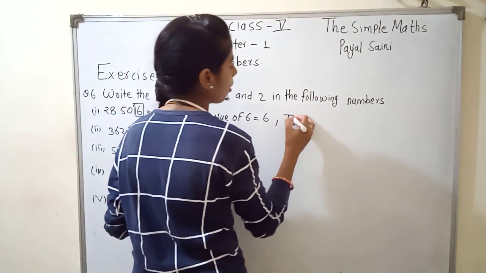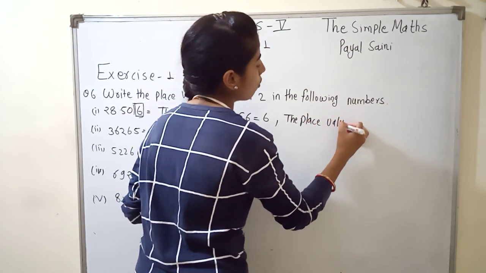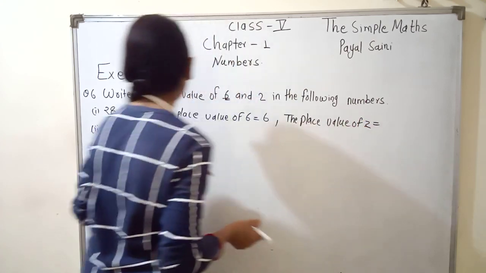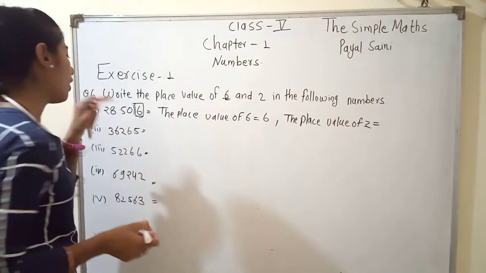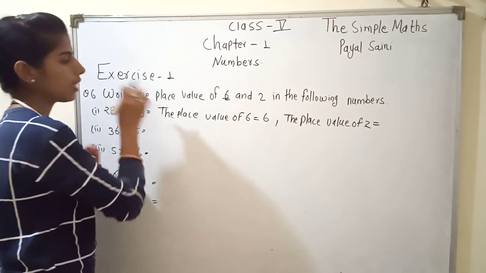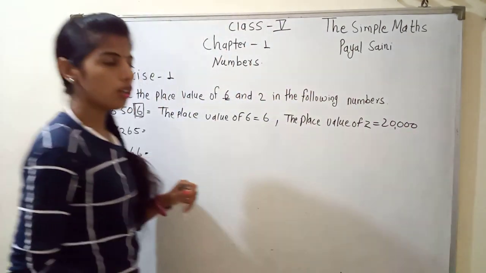And the place value of 2: where is the 2 situated? 1s, 10s, 100s, 1000s and 10,000s. So it is 10,000.